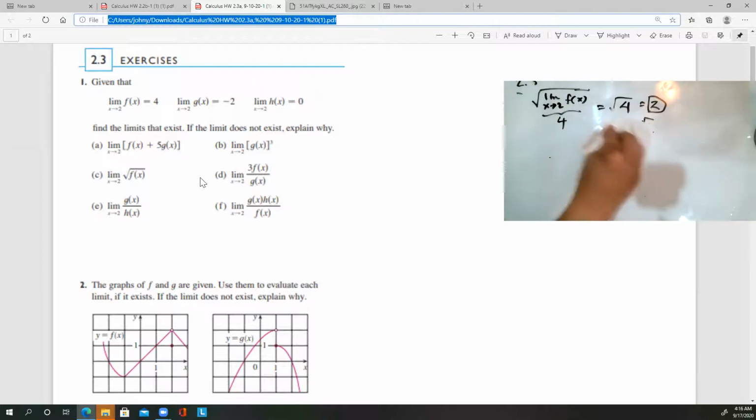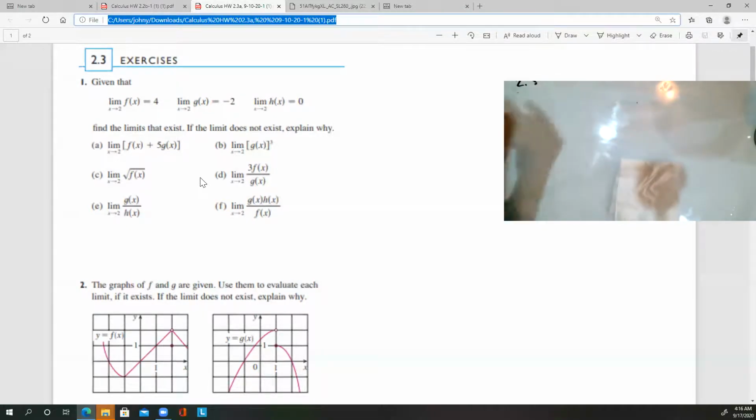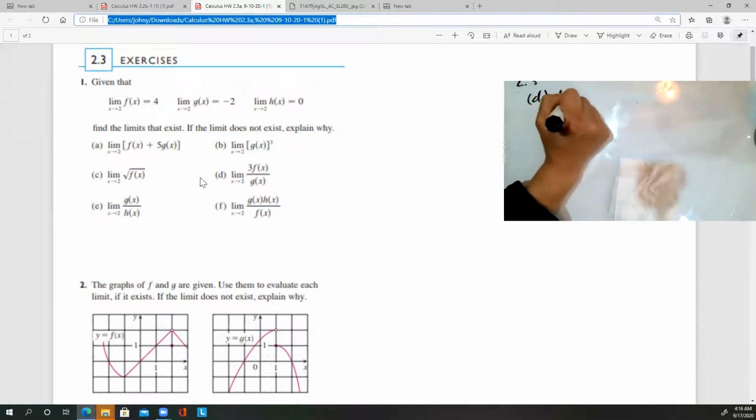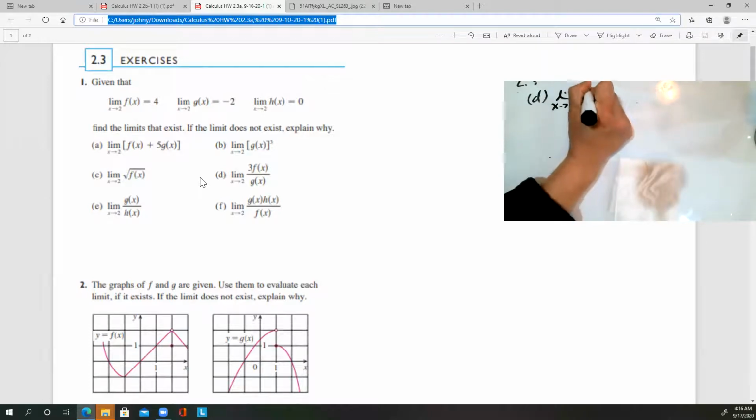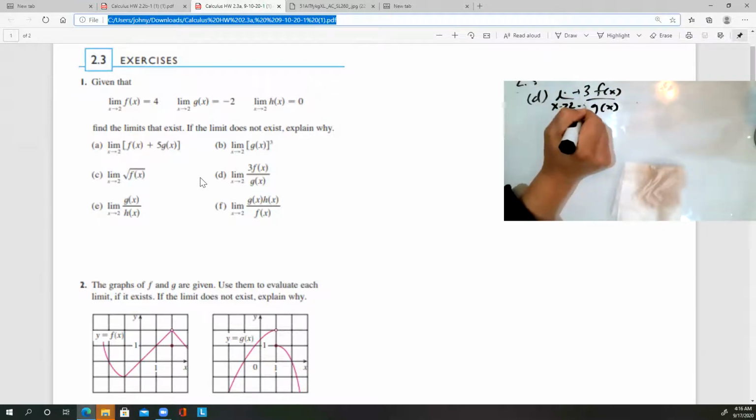Part D gets a little tricky. Not too bad though. The limit as x approaches 2 of 3 f of x divided by g of x. Well, you can take the limit to the numerator and the denominator as well. That becomes limit as x approaches 2 of 3 f of x.